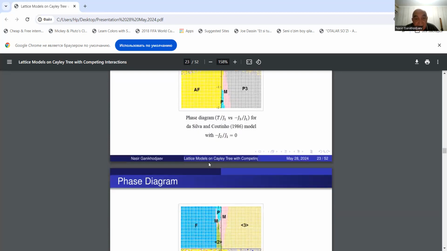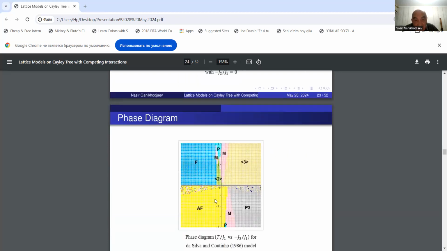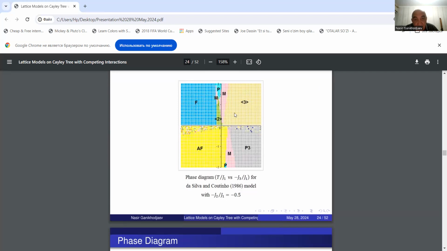And here again, for different ratios of G2 and G1, we produce different phase diagrams. But here practically the same phases, maybe the size differs a little bit.